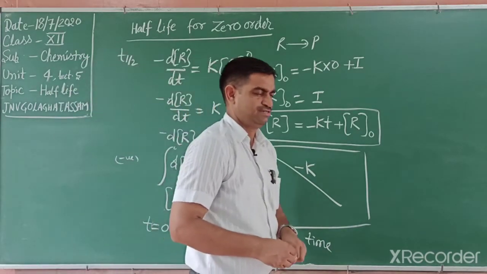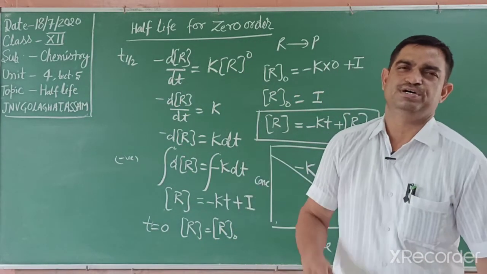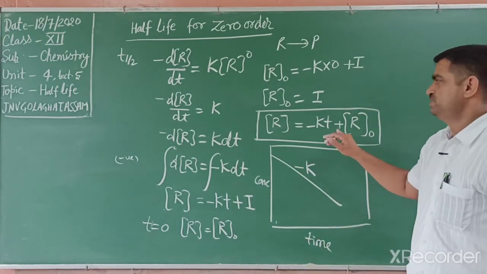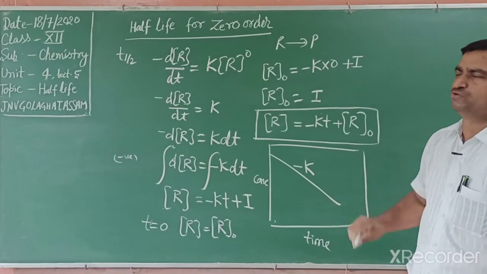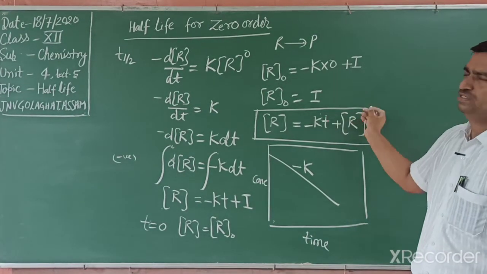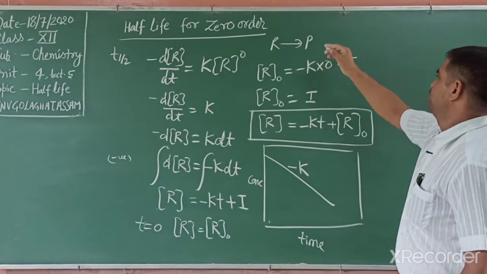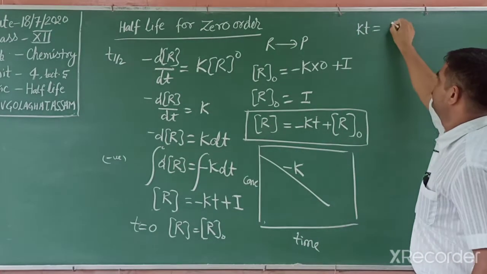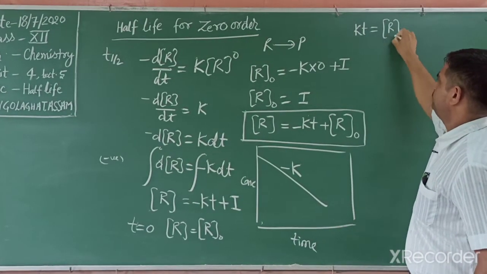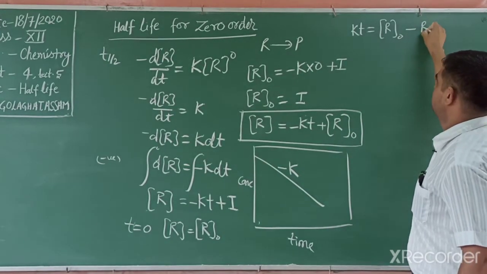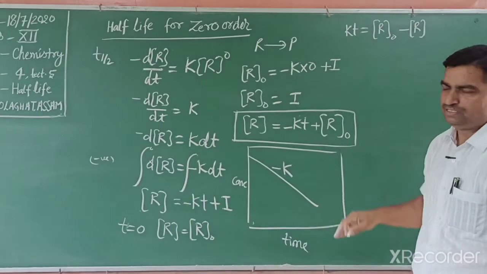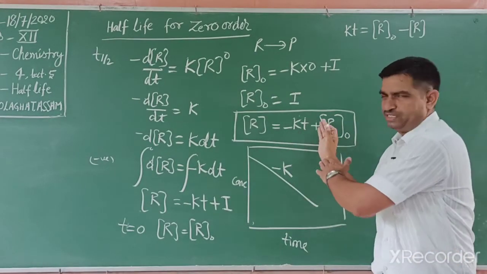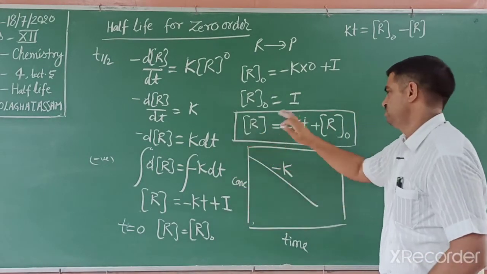Now we want, if the concentration of a reactant remaining half, then what happen? It means we find out the rate constant. So how can we reshuffle this equation? We take kt on the left side, so kt is equal to R naught minus R, means this equation we want to reshuffle, then kt we take left side and R right side.